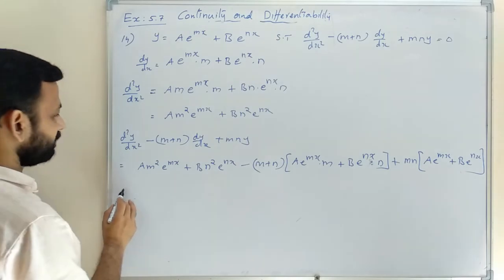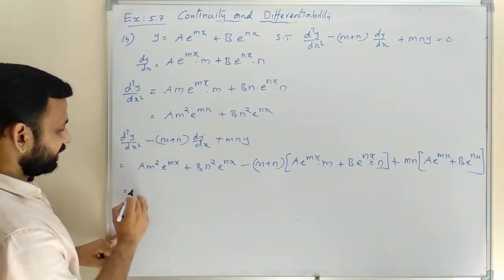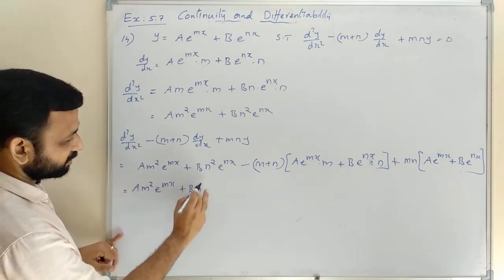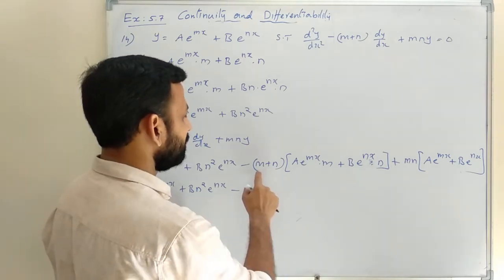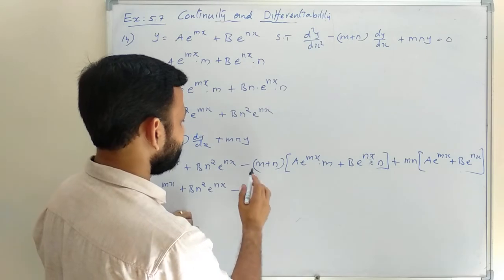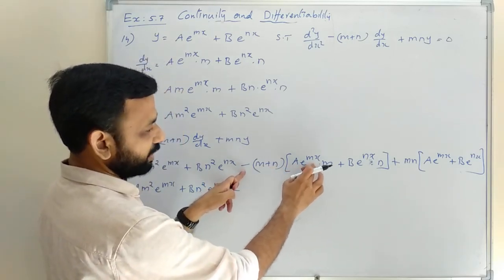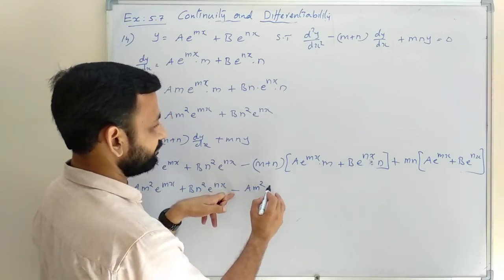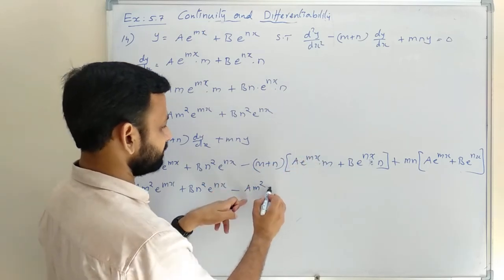So we need to open the bracket. When we open the bracket, left side this is a m square e raised to mx plus b n square e raised to nx minus, first we can multiply by m, then we will get minus m into a e raised to mx into m, so we will get minus a m square e raised to mx.